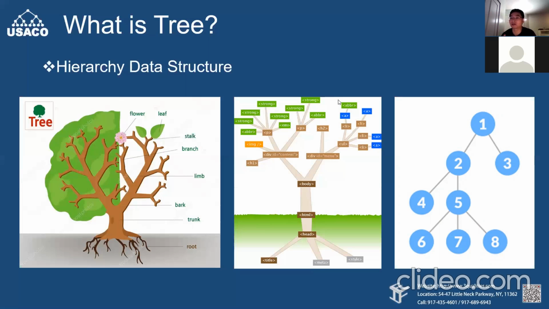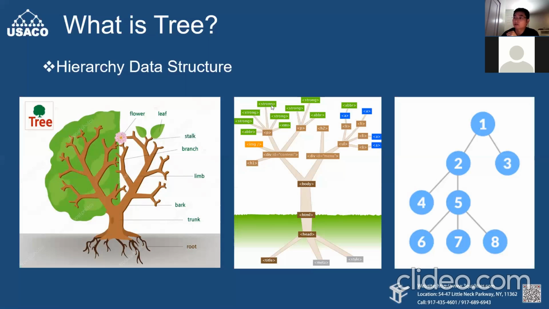But in the data structure tree, we normally imagine the root starting from the top, because that is easy to imagine. So it starts from the top node and then expands, and the tree can be infinite, because I can expand it on different levels. That is how we understand the tree structure.